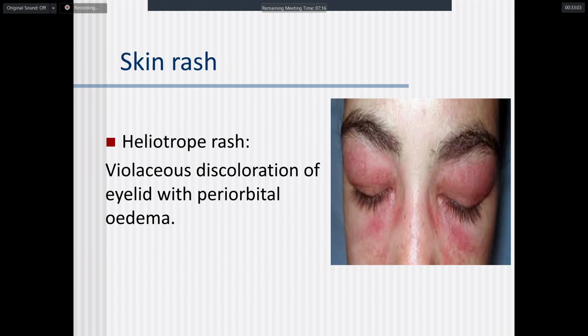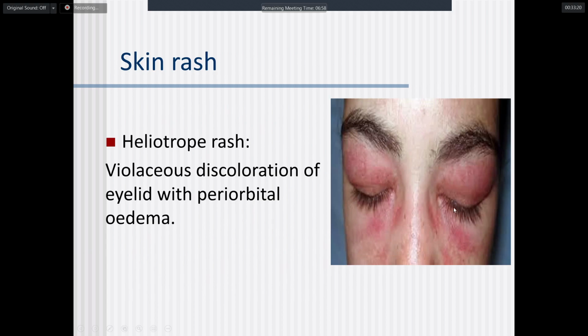طبعا بالديرماتومايوسايتس احنا حكينا بوليمايوسايتس لما يكون بالمسلز، الديرماتومايوسايتس لما يكون في عندك سكين involvement. فواحد this is skin involvement. واحد عنده هوليوتروب rash which is violaceous discoloration of eyelid with periorbital edema.